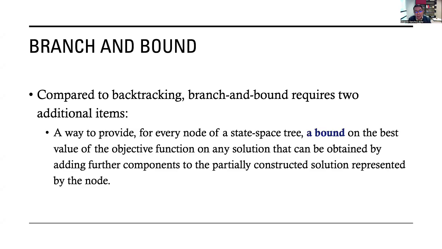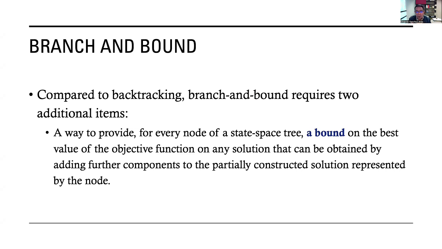The first one is a way in which we can provide for every node in this state space tree a bound, a limit on the best value that the objective function, or for that matter, any solution, can obtain if we add more components to a partially constructed solution that is represented by that particular node in my search tree.